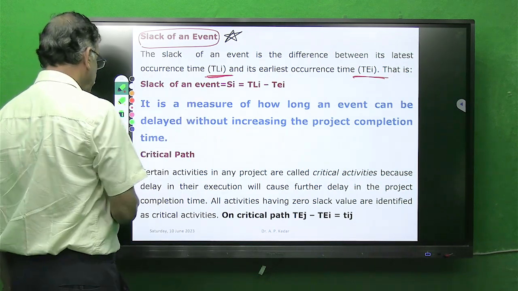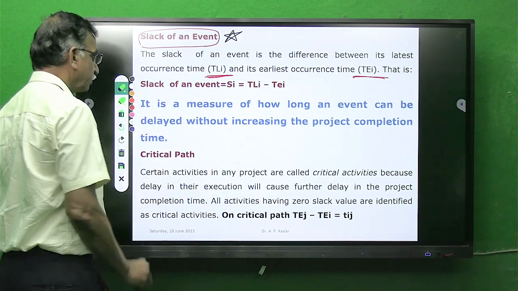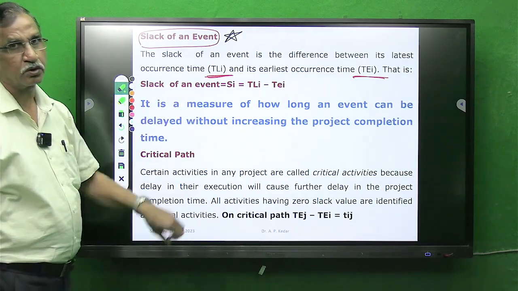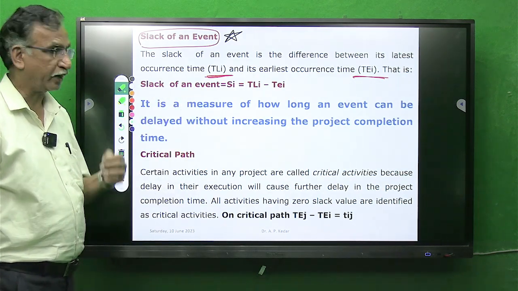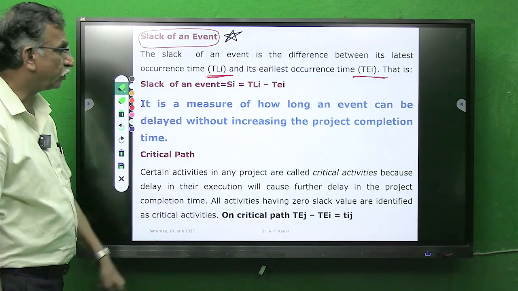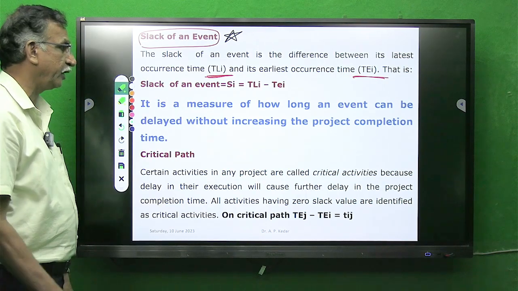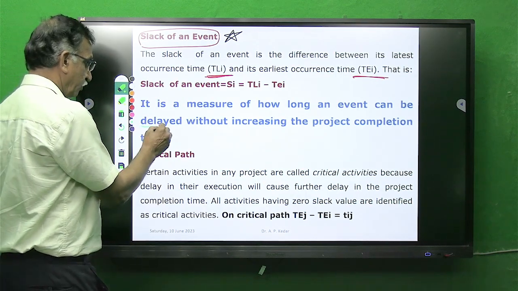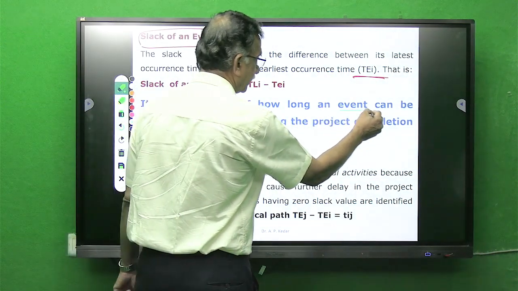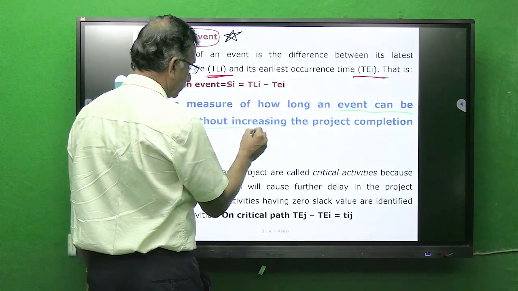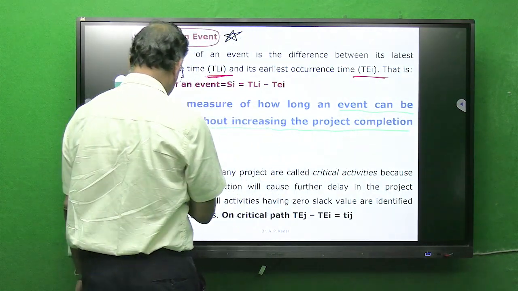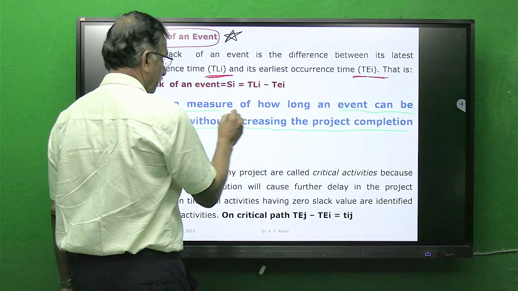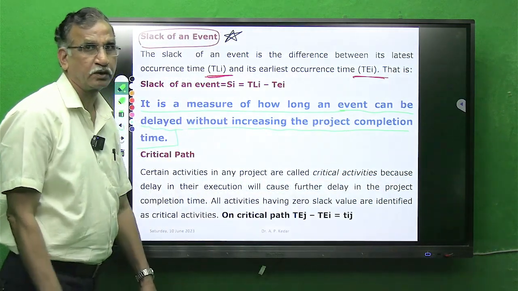Now, with this blue color I have shown the significance of slack. It is a measure of how long an event can be delayed without increasing the project completion time. Students, this is very important.